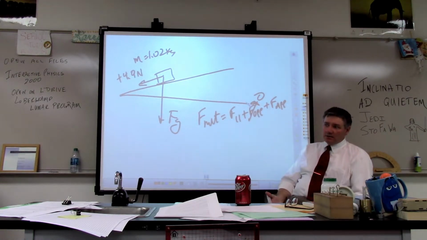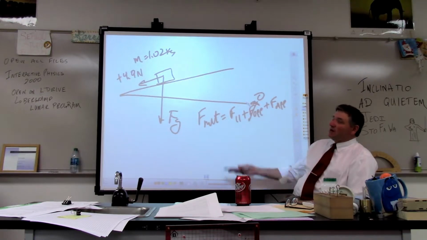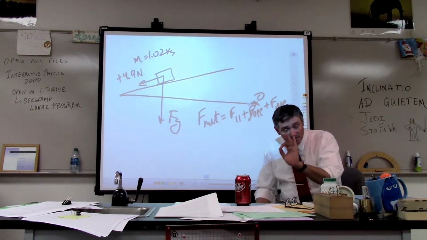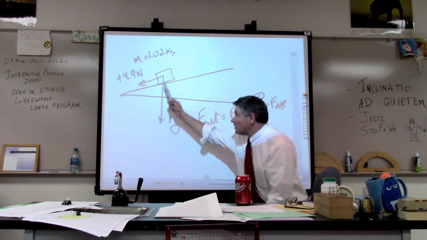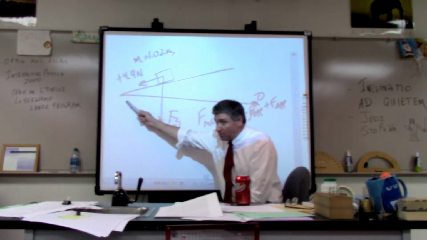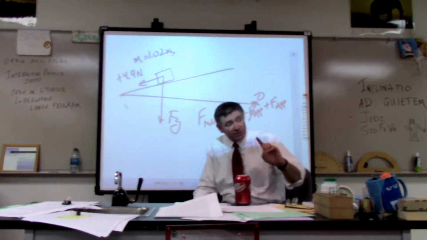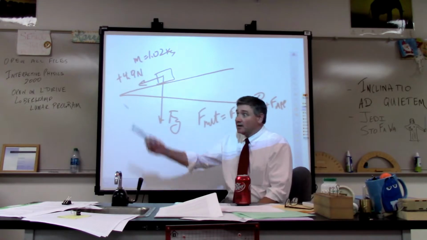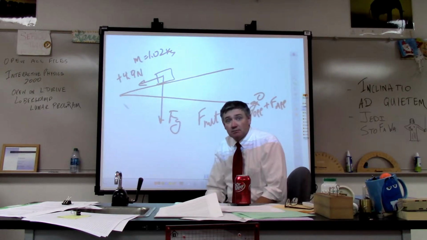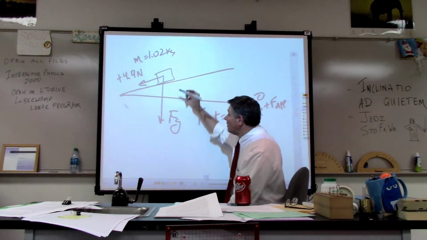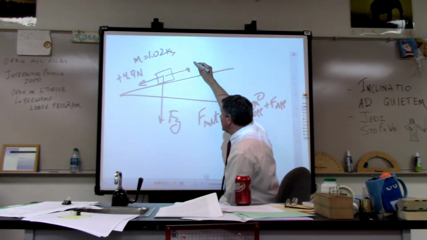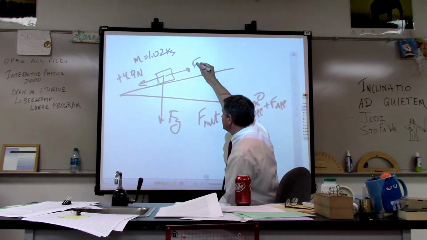If they are opposite. So if you go with Lewis' system, if you've defined this direction as being 4.9, which direction is your applied force going to act? Up or down? It's going to act up, right? Because that's the direction that I want to push it.